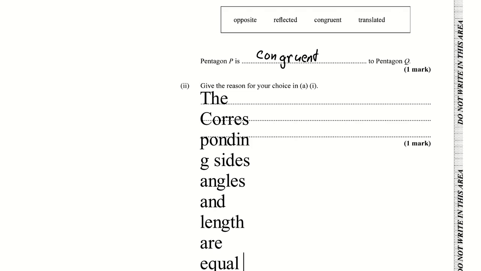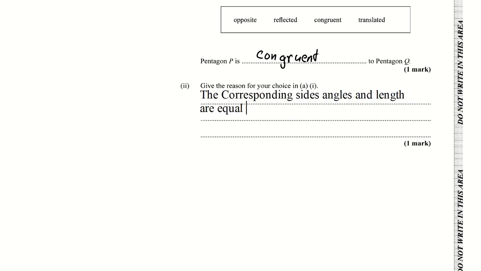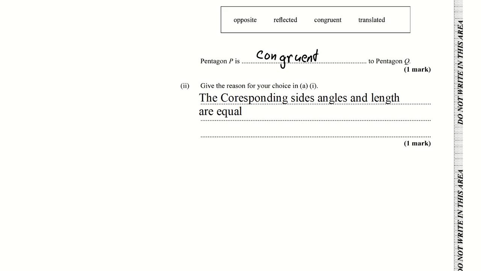I'm going to make this a little bit longer. So the corresponding sides, angles, and lengths are equal, so therefore that is what they mean by corresponding. Spelled correctly, C-O-R-R. Okay, it looks weird. But do we understand what congruent means, guys?